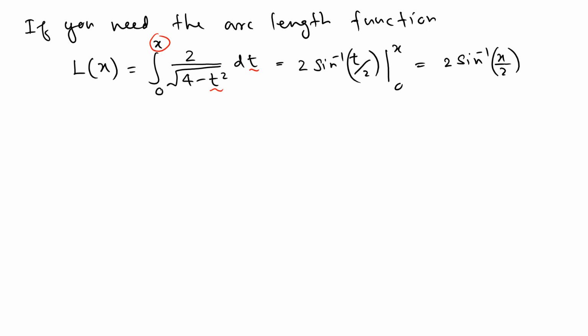That's what you get, valid for any x between 0 and 1, because we did not consider any other values before. So this may be true for other values, but these are the values we are considering. Actually this can go up to 2. Okay, good.